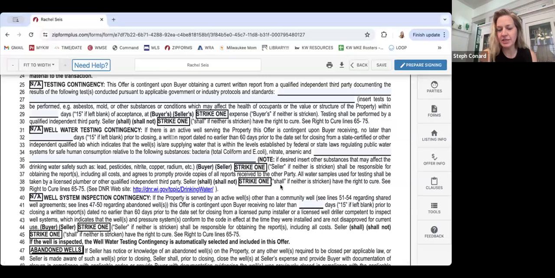And again, typically it's the buyer asking for the seller to pay. But in this climate, we've actually seen it a number of ways, where a buyer will say, we'll take on the costs of conducting these tests. So I just wanted you to be aware of that.